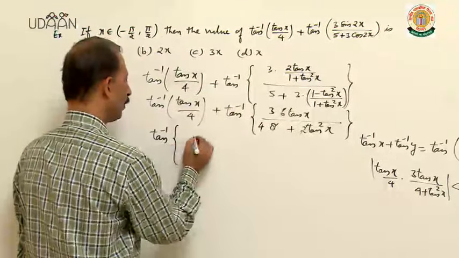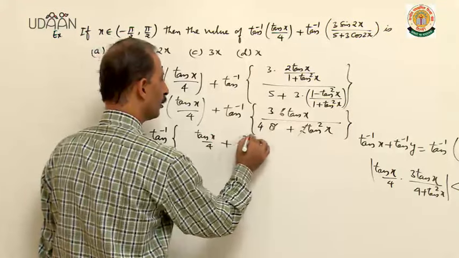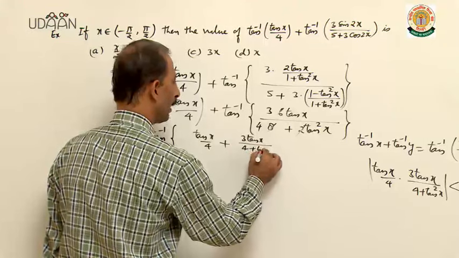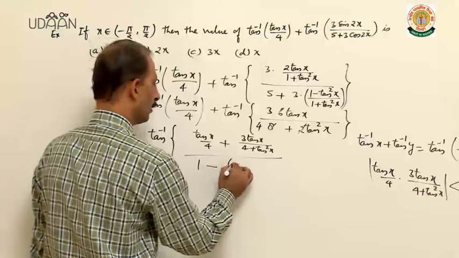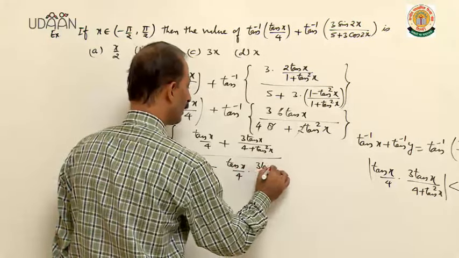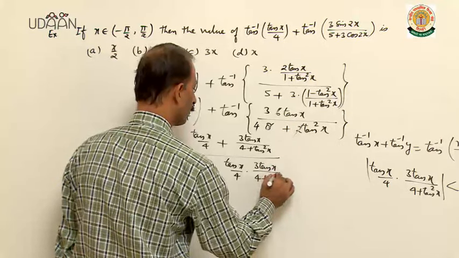So now tan inverse of tan x upon 4 plus 3 tan x upon 4 plus tan square x, upon 1 minus tan x upon 4 into 3 tan x upon 4 plus tan square x.